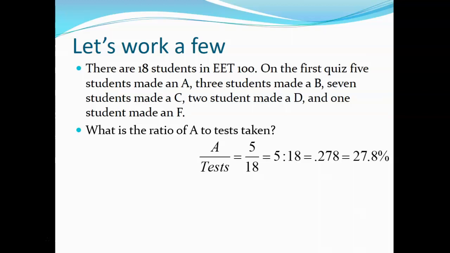You lost? Where you lost at? Okay, so 18 total students, only 5 made the A. So you have a 5 over 18 because it's asking for how many people made an A over how many people total.